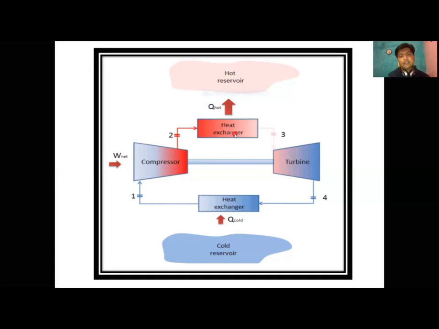Next, the air is drawn into a turbine where isentropic expansion occurs, 3 to 4, in which entropy is constant, and pressure and temperature decrease in the turbine.